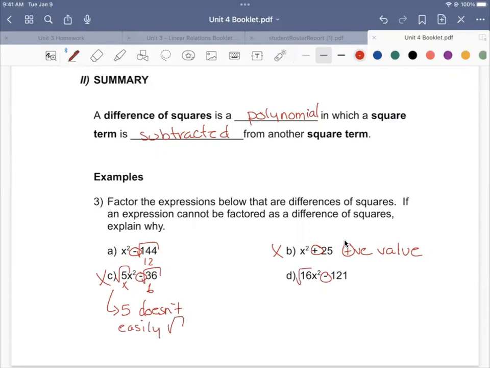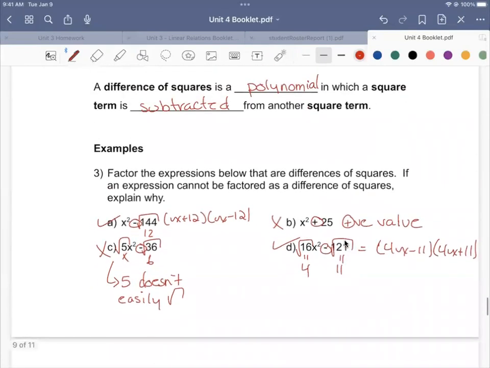If I take a look at D, 16 square rooted gives me 4. 121 square rooted gives me 11. I have my negative. So yes, I can factor A and I can factor D using difference of squares. If I look at A, it's going to give me x plus 12, x minus 12. If I look at D, it's going to give me 4x minus 11 times 4x plus 11. Awesome, and that's everything for this lesson.